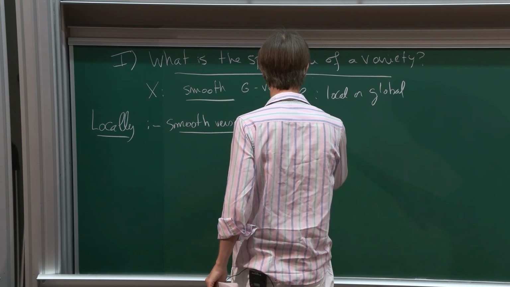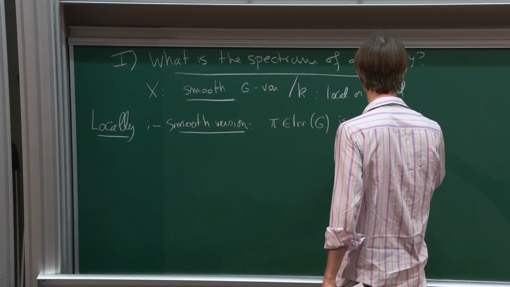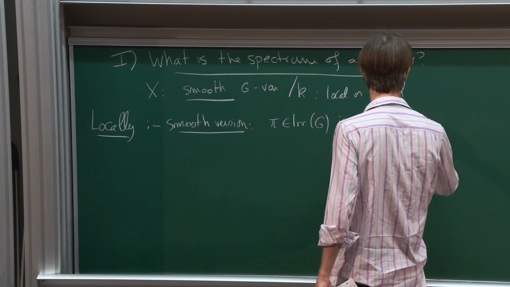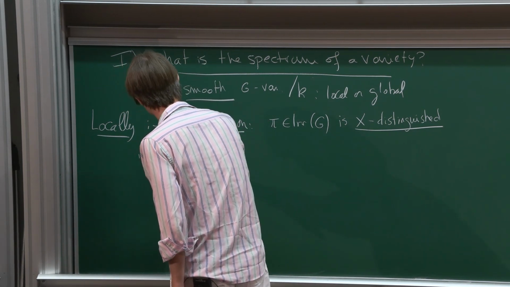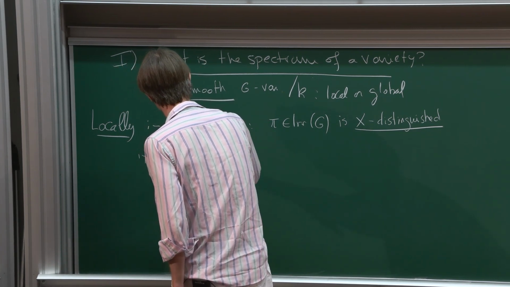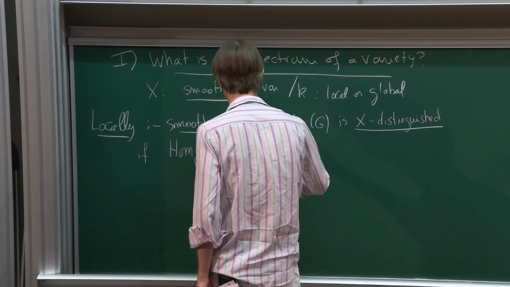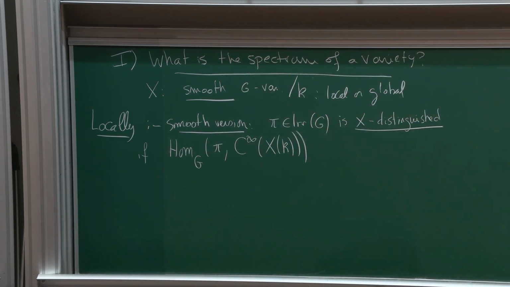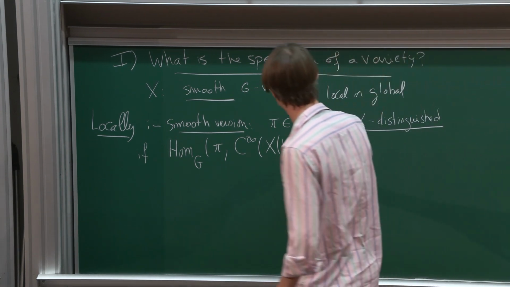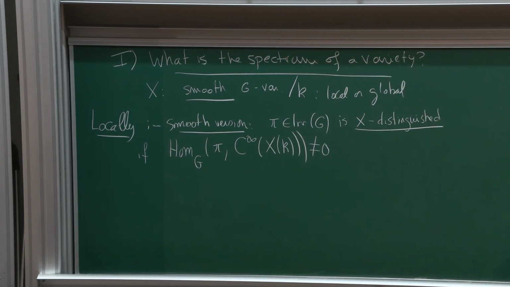We'll say that an irreducible representation pi of G is X-distinguished if it admits a model in the space of all smooth functions on X. So you take X of K, you take the space of all smooth functions. This is naturally a representation of G of K, and you look at whether pi can be embedded there, meaning that this Hom space is non-zero. And if pi embeds, then we say it is X-distinguished.